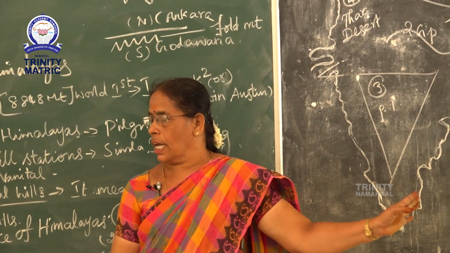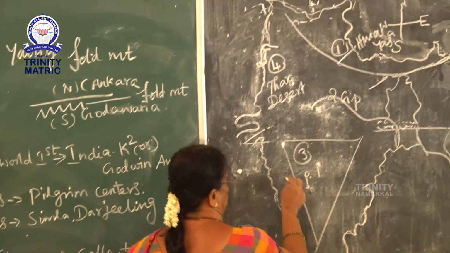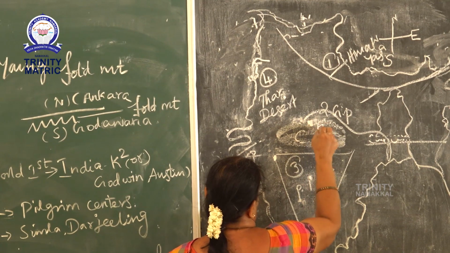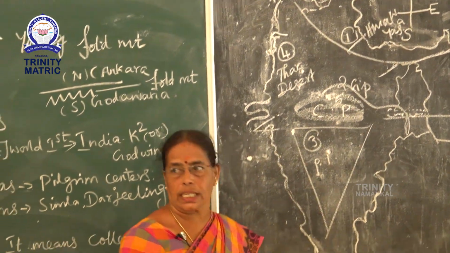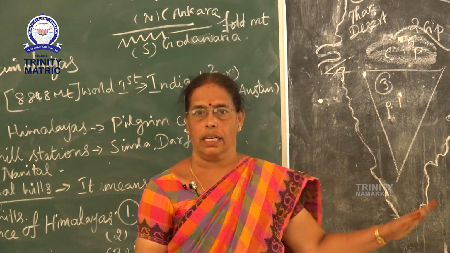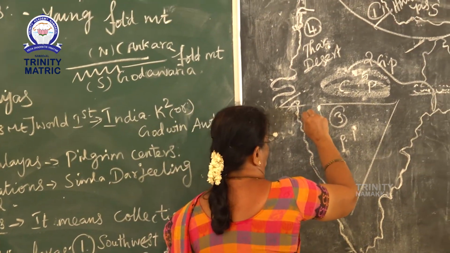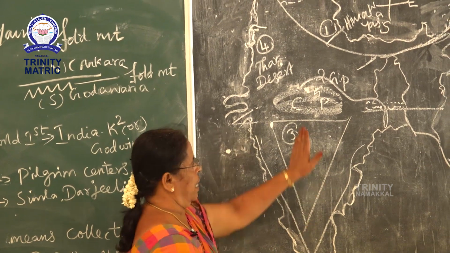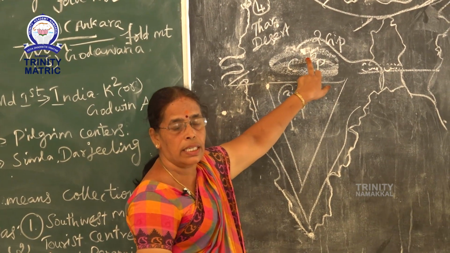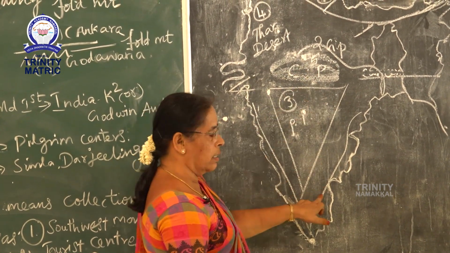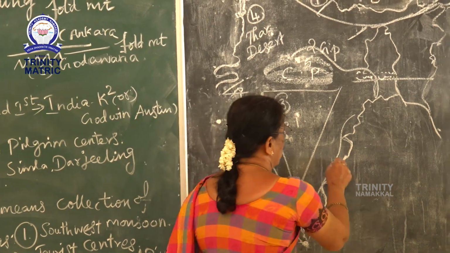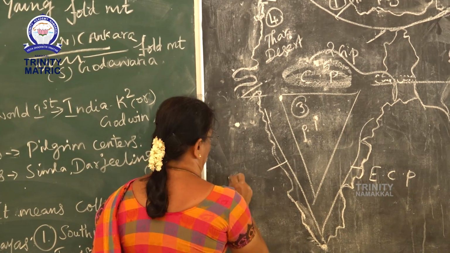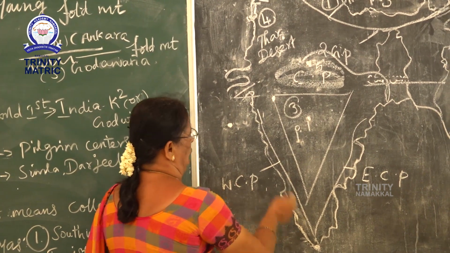Then the fifth division, the plains area. The central area, that is the plain area. Here on the eastern side, the east coastal plain. Then on the western side, the west coastal plain.